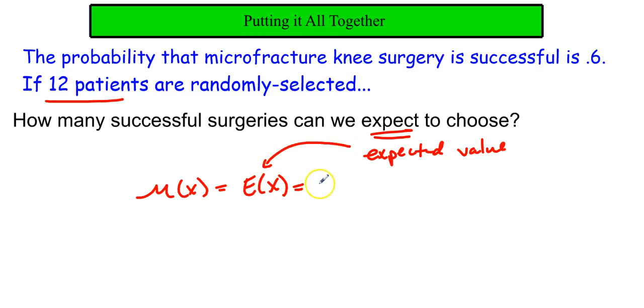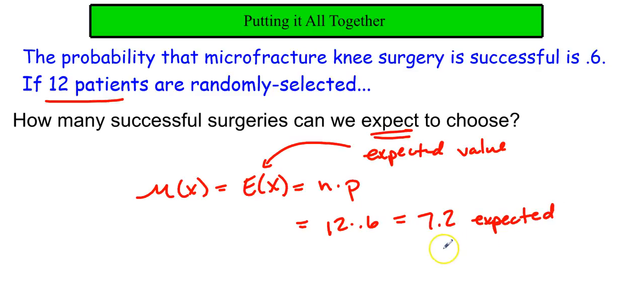The way that we calculate that with the binomial probability distribution is we just take the number of trials, so in this case 12, and multiply it by the probability of a success. So in this particular case, we would have 12 times 0.6, and that would give us 7.2 expected successful surgeries out of 12.